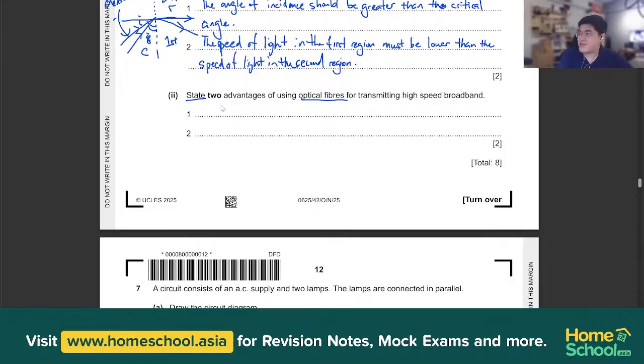So let's write down the two reasons. Number one, it allows for greater bandwidth for high rate of data transmission.